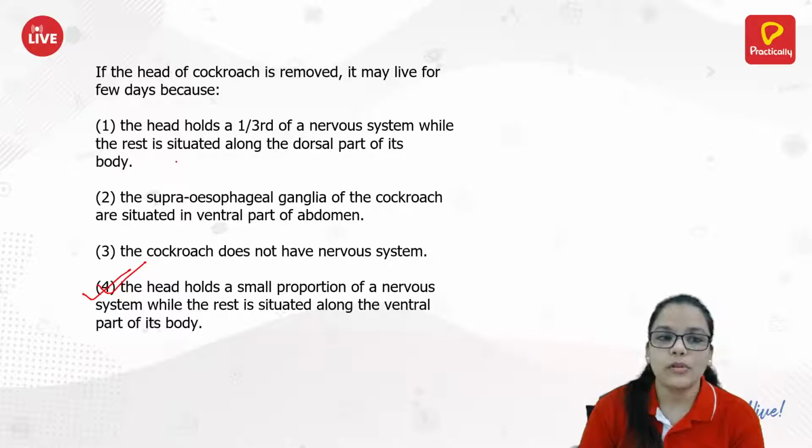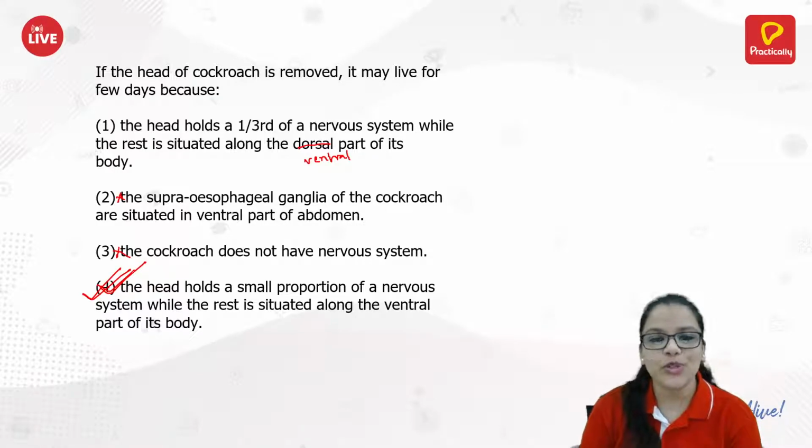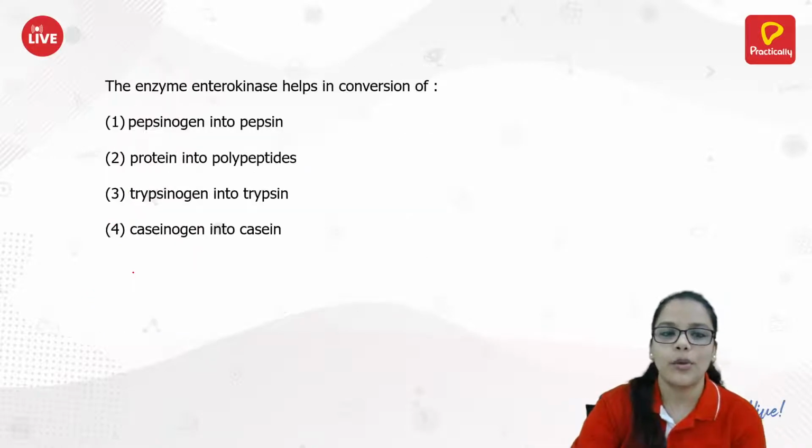See, head holds 1/3 of nervous system while rest is situated along the dorsal part is not right because it is in the ventral part. Supraesophageal ganglia of cockroach are situated in the ventral part, that is also not correct. Cockroach does not have a nervous system, this is definitely not correct. So the answer is the head holds a small proportion of nervous system while the rest is situated along the ventral part of the body.